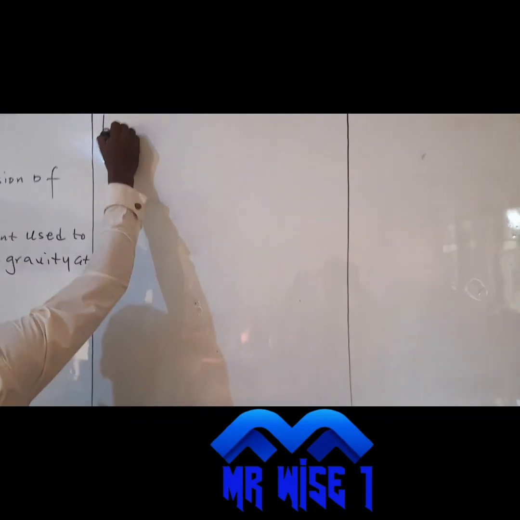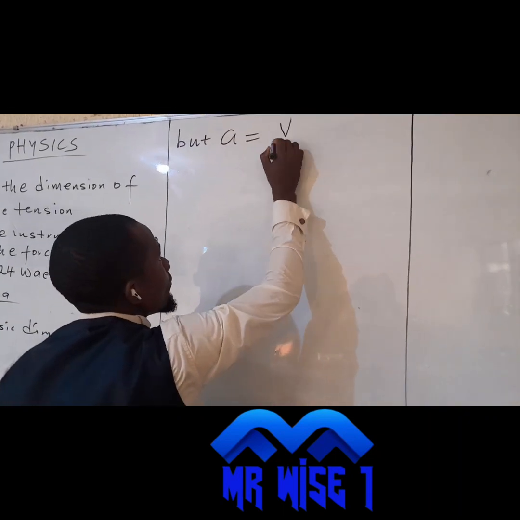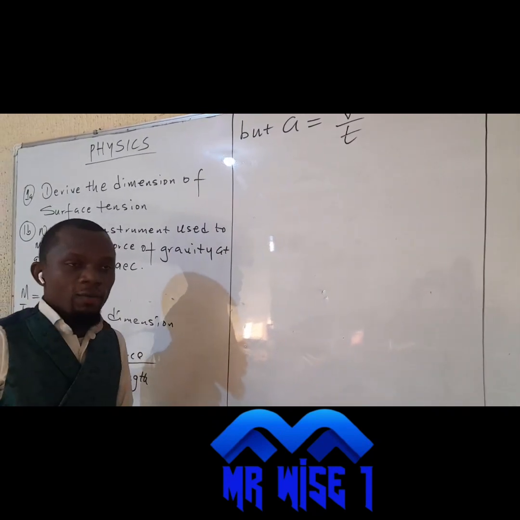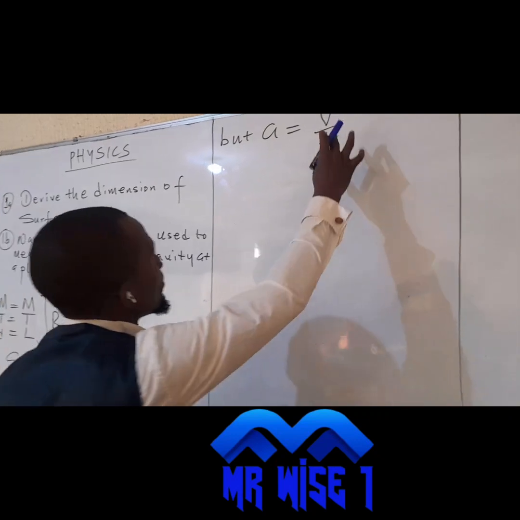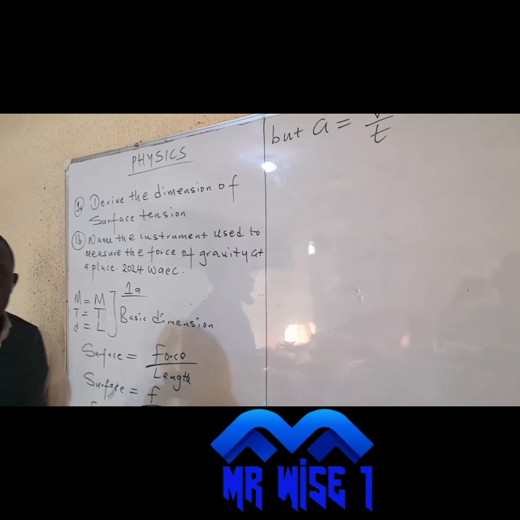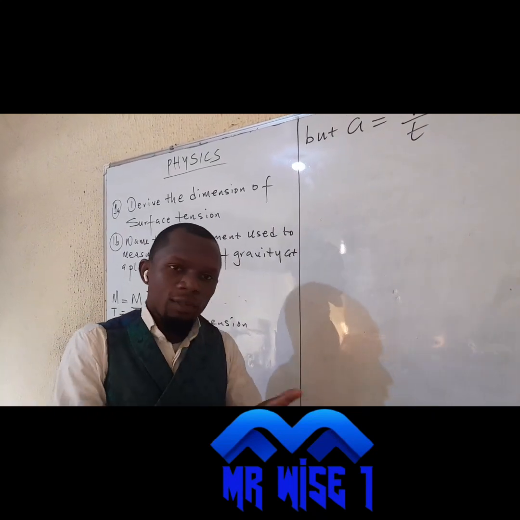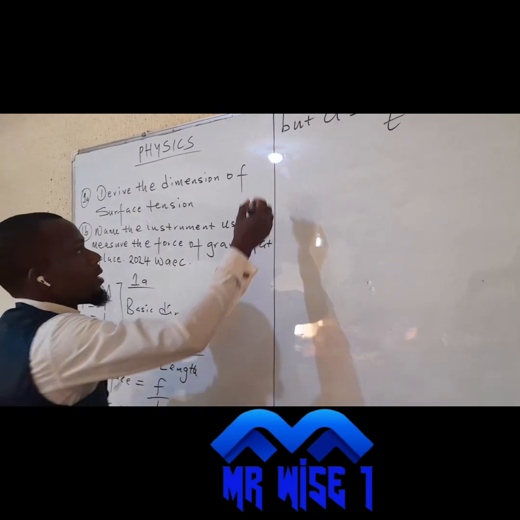My A is equal to V over T, that's change in velocity with time. And I still don't know my velocity. This is the problem of dimension: you need to bring out all the formulas involved and take the dimension of each of them.